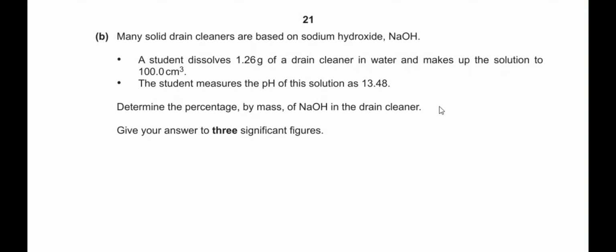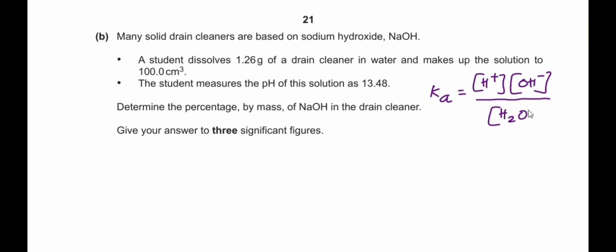So if we write the dissociation constant for water, let's say Ka, that is equal to hydrogen ion concentration coming from water times OH ions divided by the concentration of water. By definition, concentration of water is taken as 1. So we can rewrite this as Ka becomes a new constant Kw equals hydrogen ion concentration times OH ion concentration.